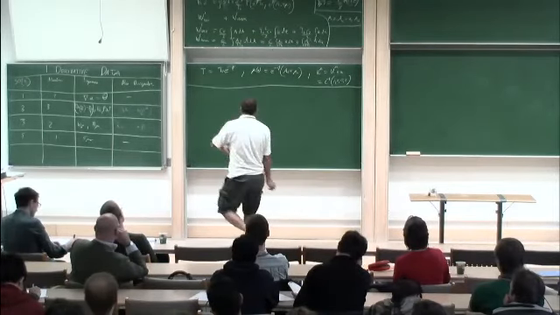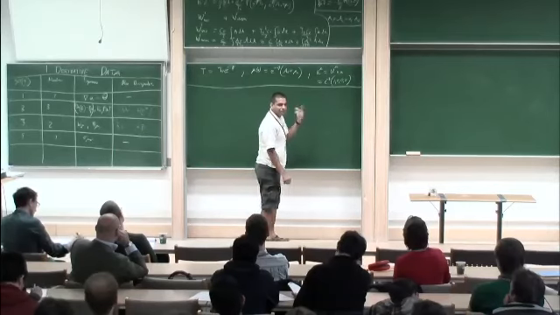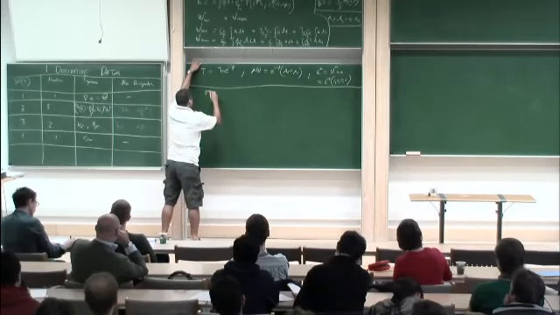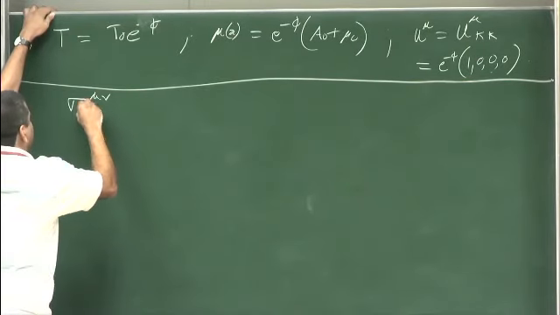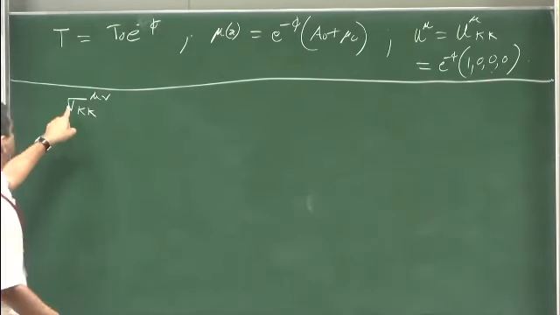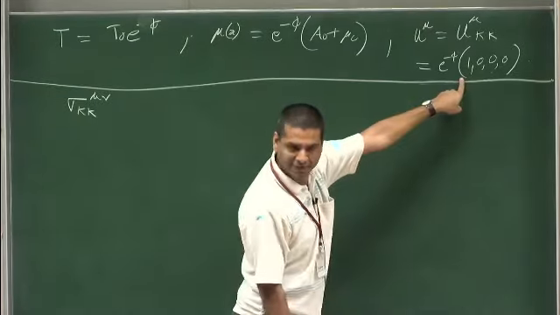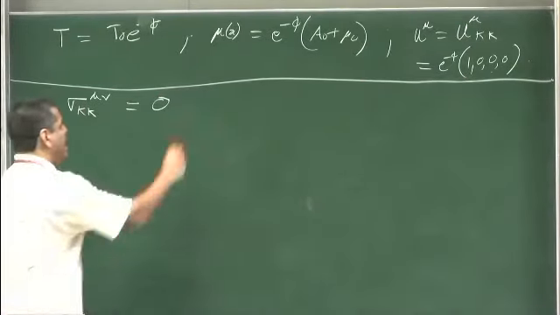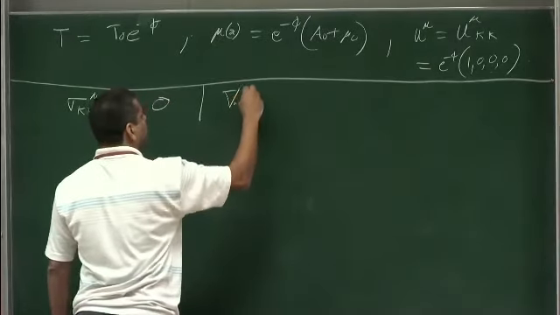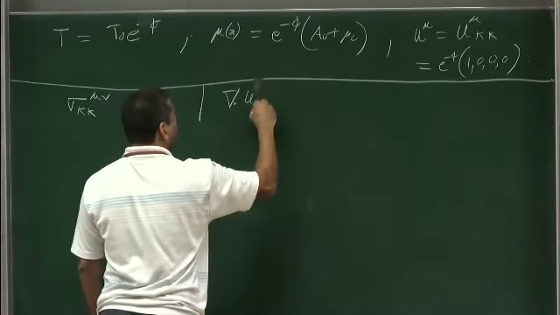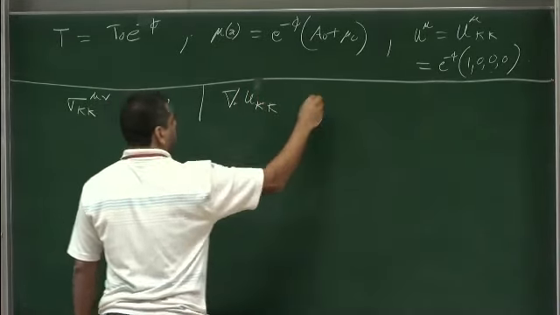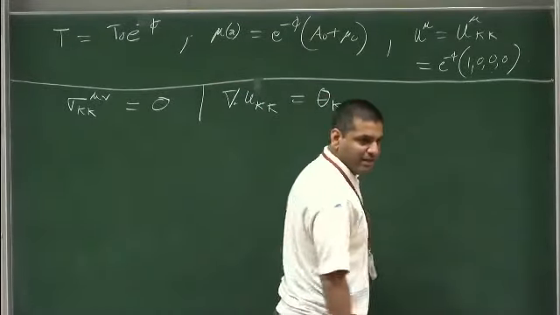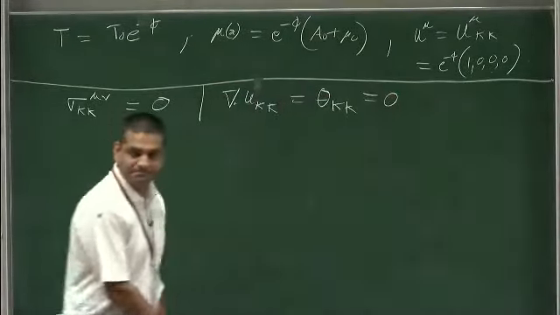In order to answer that, I'm going to give you the results of some algebra that is easy to do, but I won't bother to do here. And that is that if you evaluate sigma mu nu Kaluza-Klein, that is sigma mu nu on the Kaluza-Klein vector field, it turns out to be 0. If you evaluate del dot u Kaluza-Klein, which is the expansion evaluated on this particular velocity field, that also turns out to be 0.